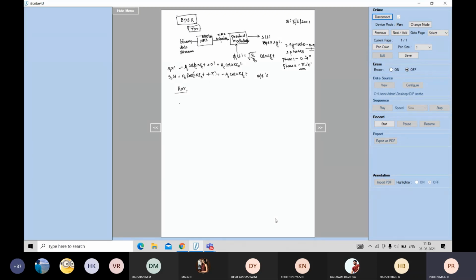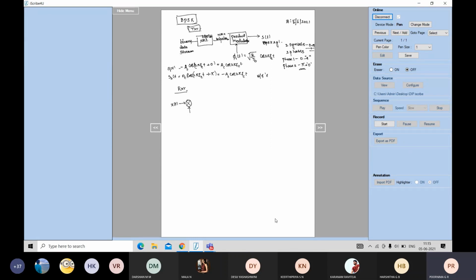For that, the receiver block diagram: x of t is given, because s of t along with the additive white Gaussian noise will be termed as your x of t, and this x of t is received.